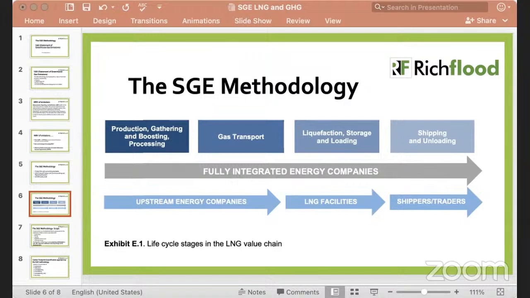Also, the guidance notes, if you check the appendixes or the annexes, you will see that there are some guidance notes on the allocation of emissions to LNG. We need to pay attention to those to see the production stage, the midstream gas processing, and the LNG production.